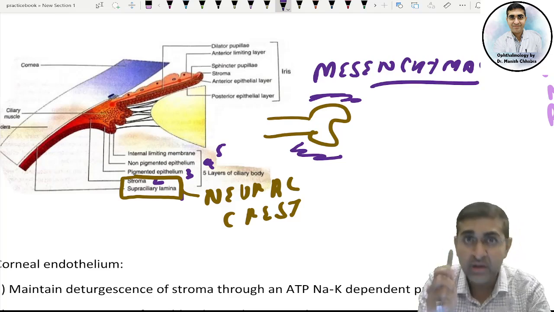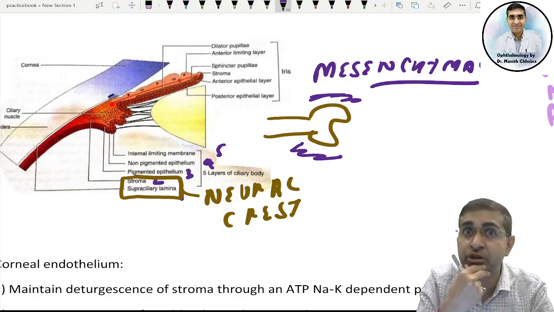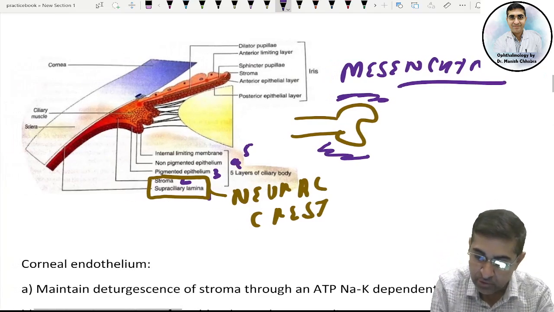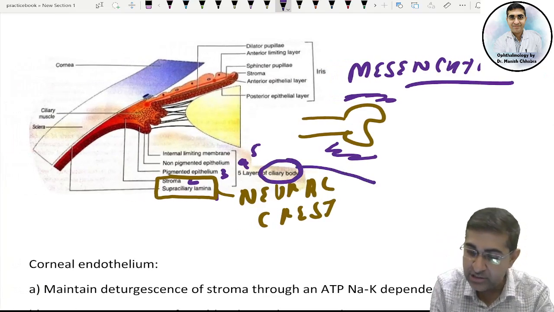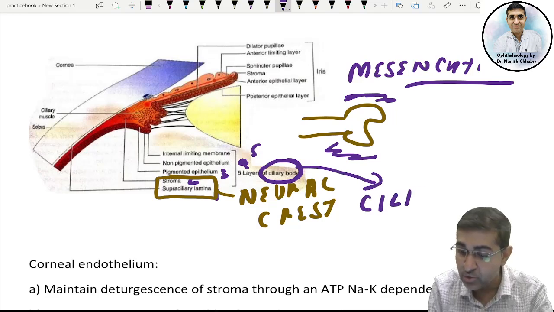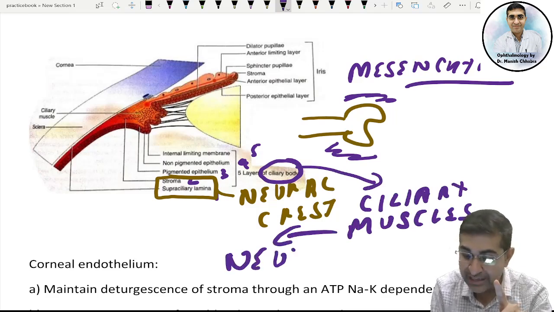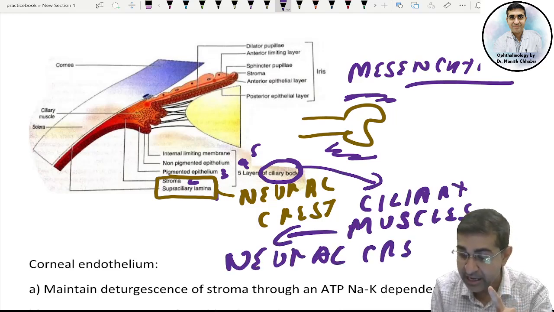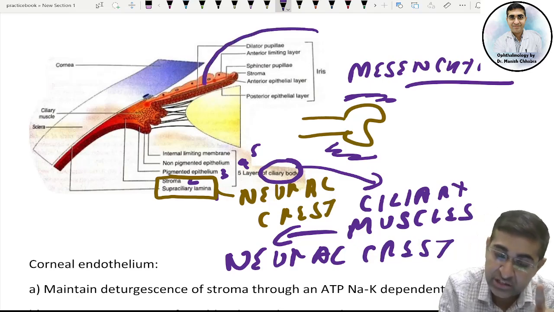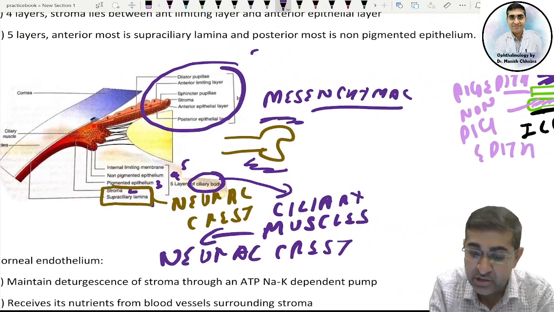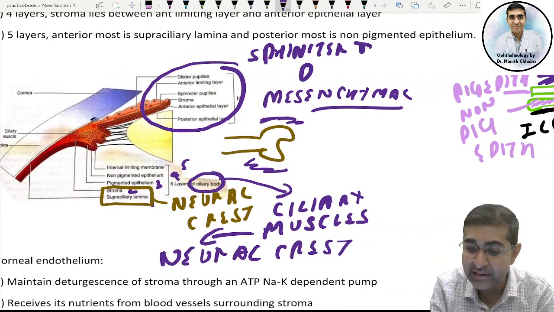Yes. Now you need to understand one important concept. We talked about the ciliary body. The ciliary body has muscles in the stroma, known as ciliary muscles. Now these ciliary muscles are actually derived from neural crest. But you know the iris also has some muscles. Those muscles are your sphincter and dilator pupillae.